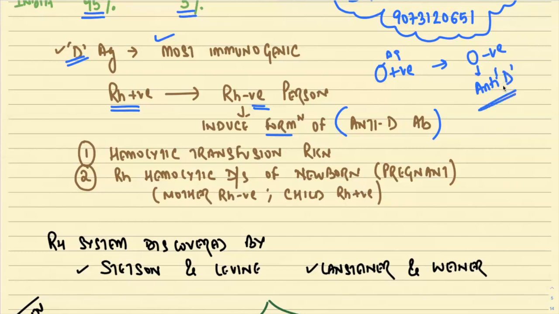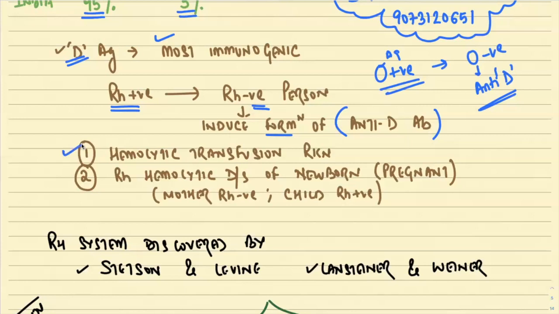That is why we do not regard O as a universal donor. We say O negative is the universal donor. So O negative can give blood to O positive without any risk, but O positive cannot do the same thing. Is this very clear to everyone, the concept of RH? As I told you, for example, you are giving A positive blood to an A negative individual, or B positive to a B negative.